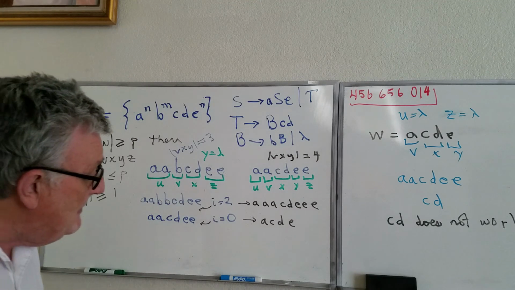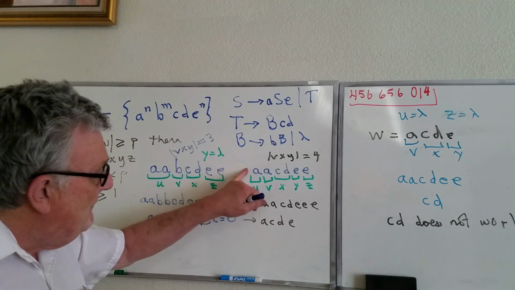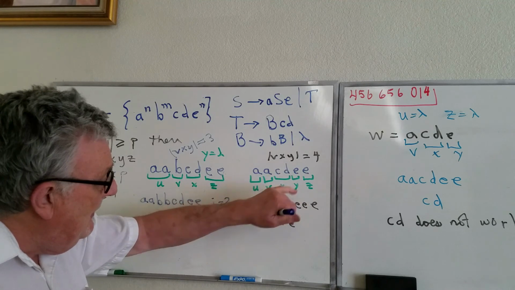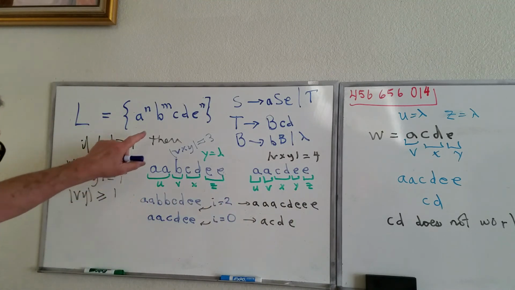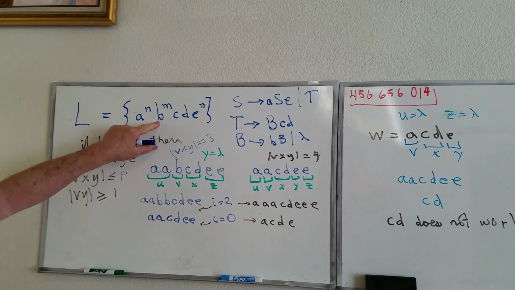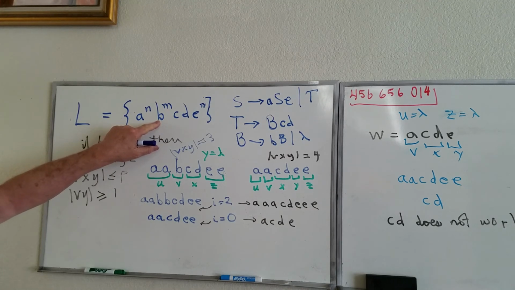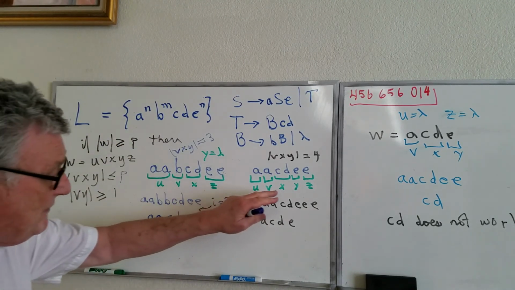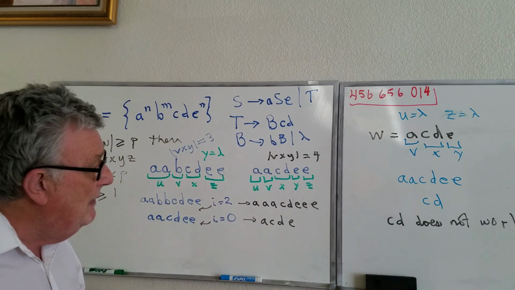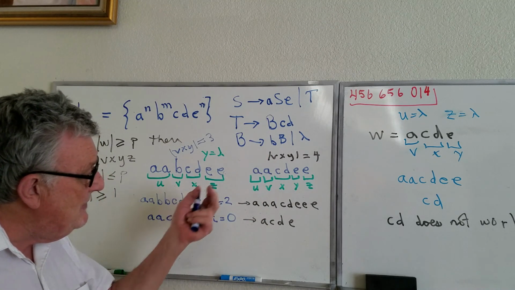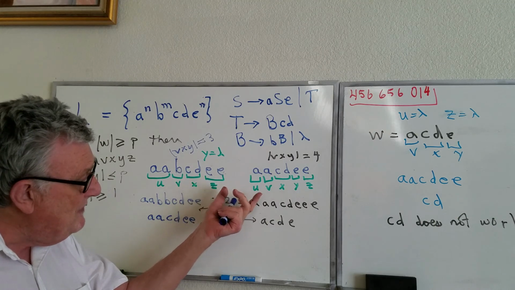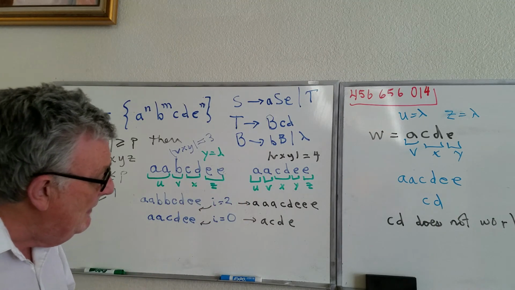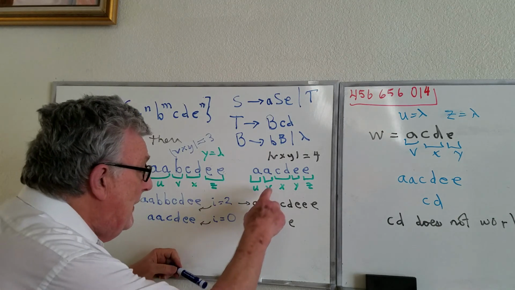On the other hand, let's take a different example. A, C, D, E, E. Now this is also in the language because M could be 0. Now in this case, I'm going to break it up this way, with vxy being 4. And so for this example, xyz is 4, vxy is 4.